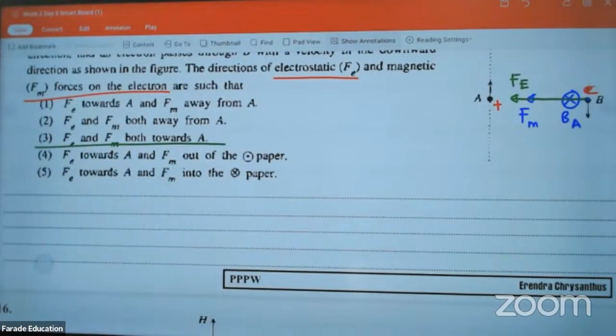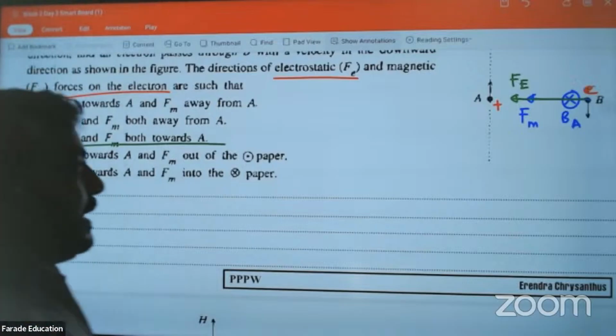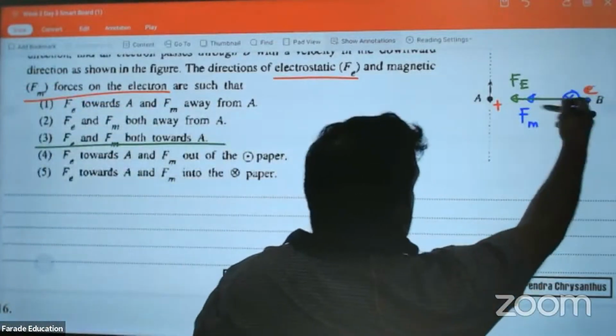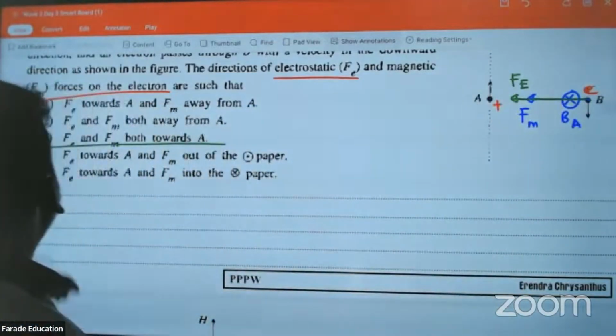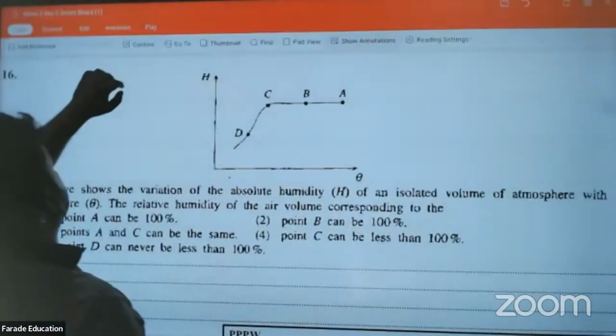And the electrostatic force will be an attractive force. Right.